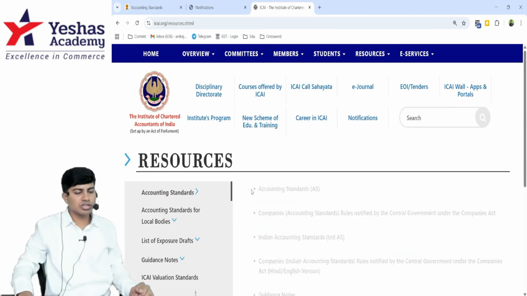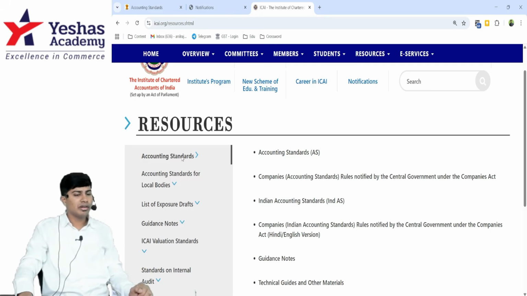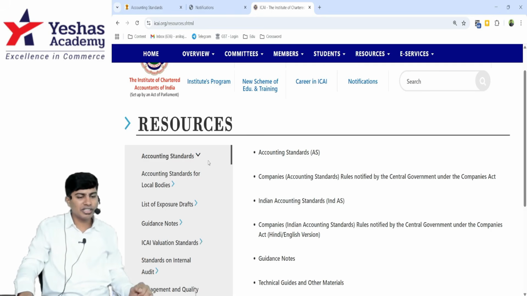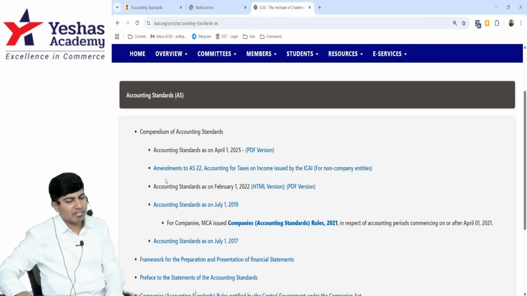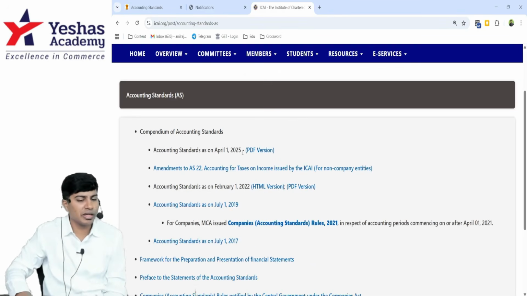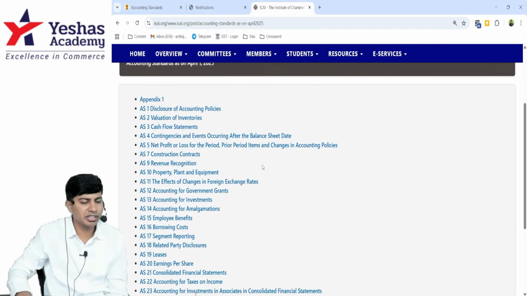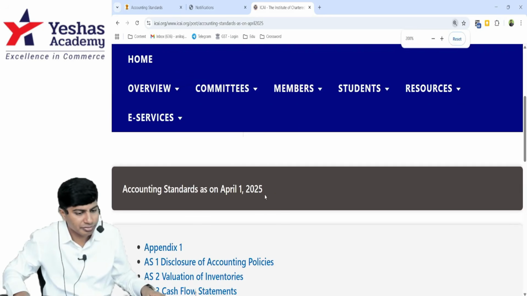If I click on resources, what do I have? Shall I click on accounting standards? Yeah. See here you have accounting standards. Indian accounting standards are also there. Let's click on accounting standards. If I click, I have accounting standards as on 1st of April 2025, PDF version. Shall I open? Let's see the PDF version. See the index. What is the first item?